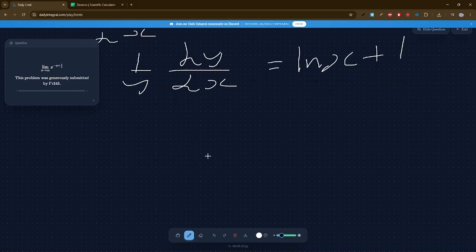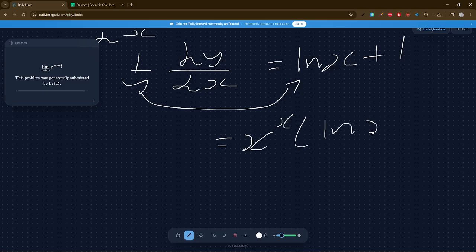Then you move it to the other side, so you get x to the x bracket ln of x plus 1. And that's our derivative of x to the x.